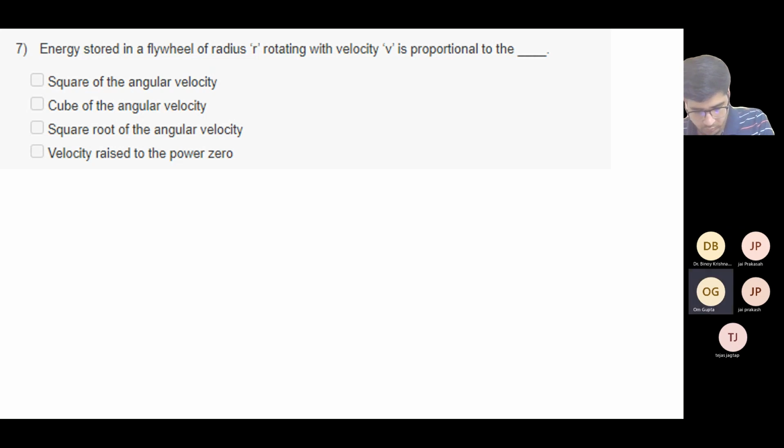Option 1 is correct, square of the angular velocity. Okay, let's wait for 1 more minute. If you want to give the formula, you are welcome. Half I omega square. Yeah, right.